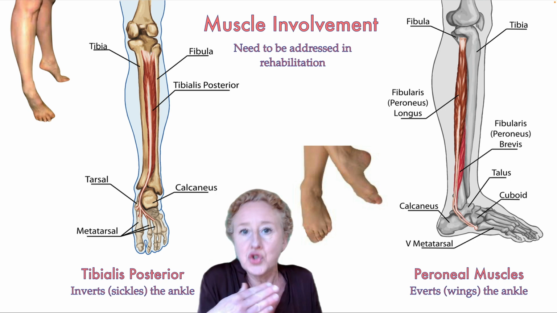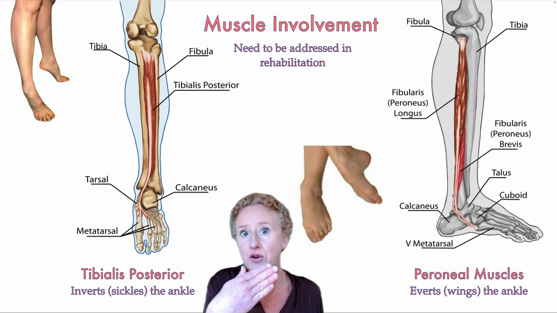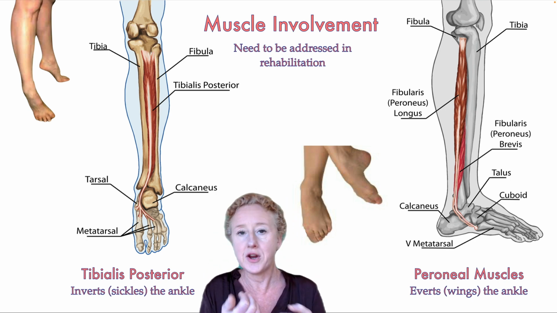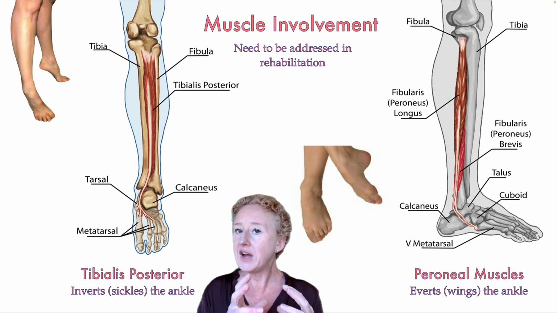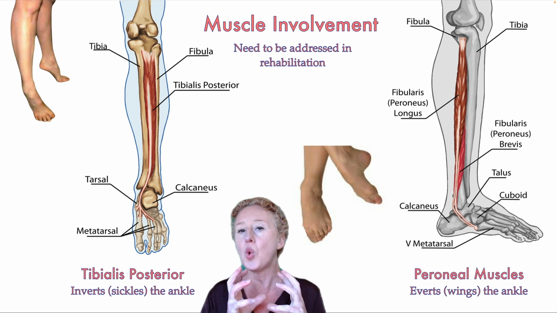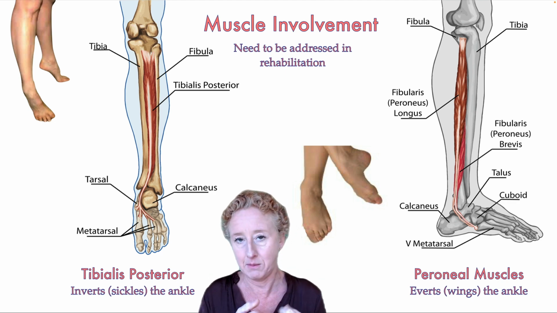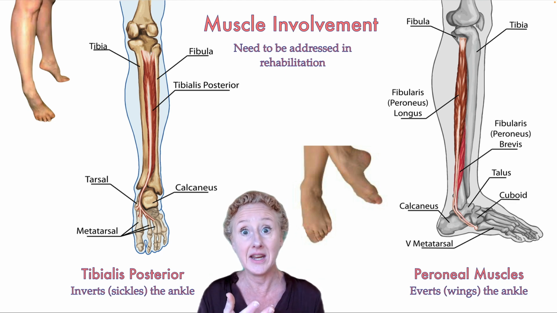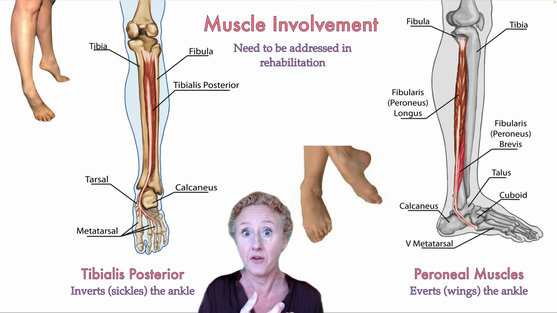If you've rolled your ankle into that inverted position in your injury, then the muscle might have got tightened up in the moment of injury. Muscles often go into what we call a guarding or bracing mode when we go into an injury, because they're trying to kind of decelerate us and stop us and protect the joints.